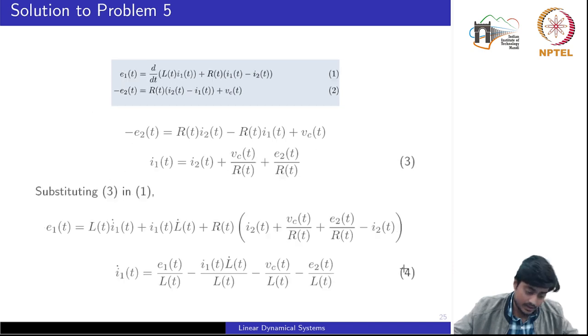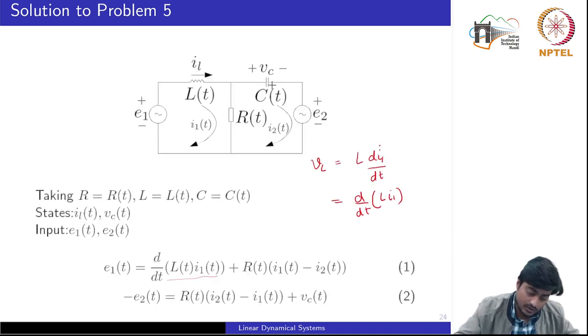Another point: here also, once you start writing the loop equation for the capacitor, Q is basically given by CV, and we are taking the current and the voltages. So you need to take care when you take the derivative or the integral, because now C is not time independent, right?